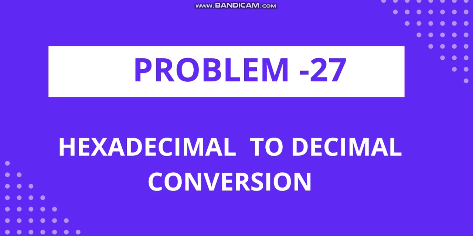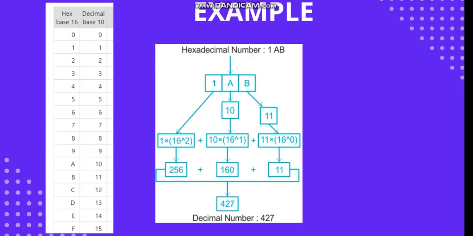Now we have to convert this hexadecimal to decimal. We have a decimal value for every digit from 0 to 9 and A to F. If you look at the table given on the left hand side, we have hexadecimal values and decimal values.